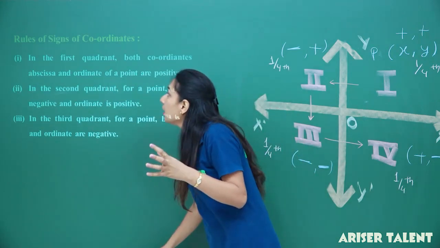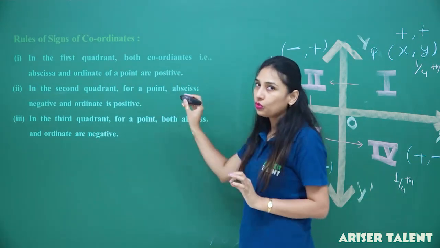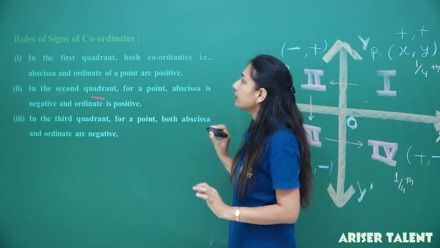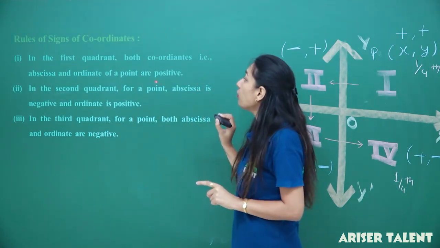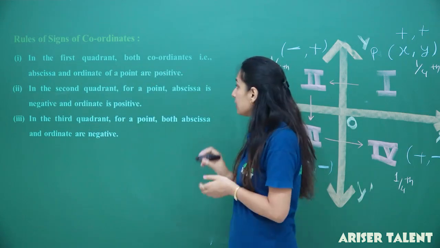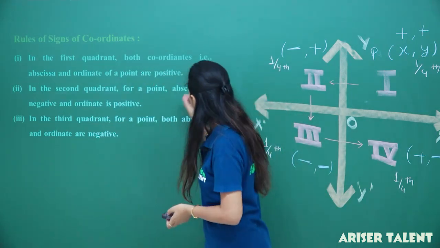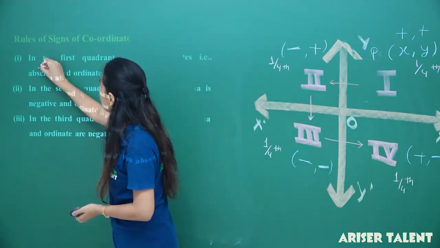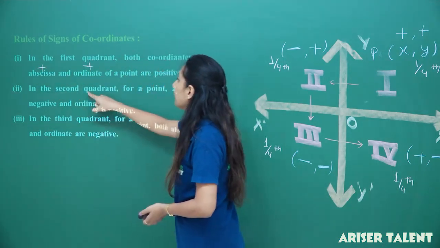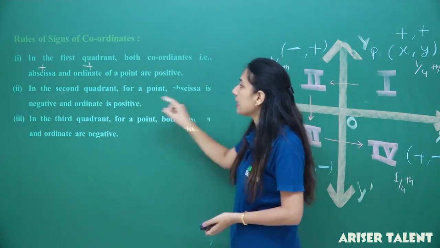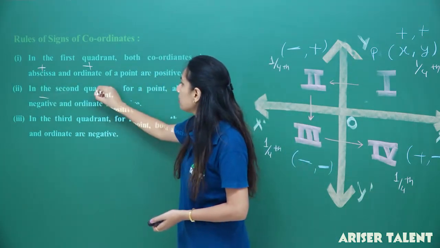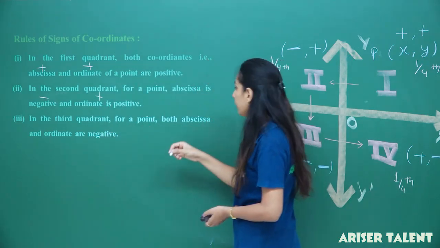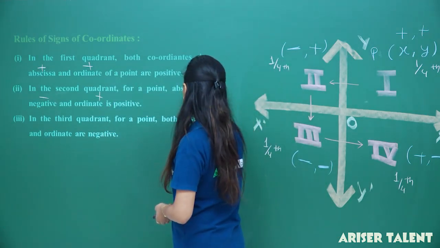In the first quadrant, both coordinates, that is abscissa and ordinate of a point, are positive. In the second quadrant for a point, abscissa is negative and ordinate is positive. In the third quadrant for a point, both abscissa and ordinate are negative.